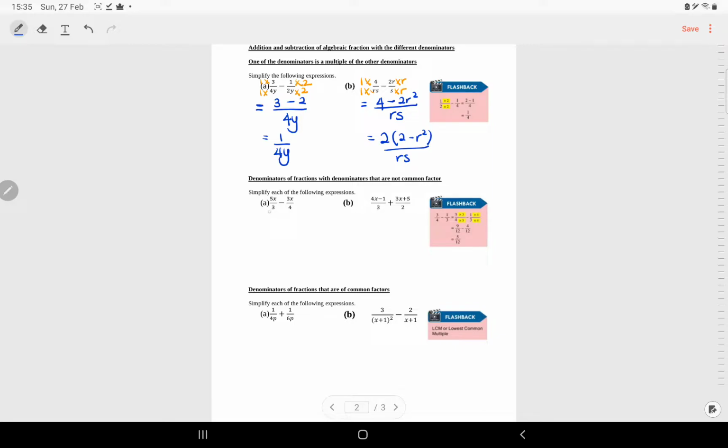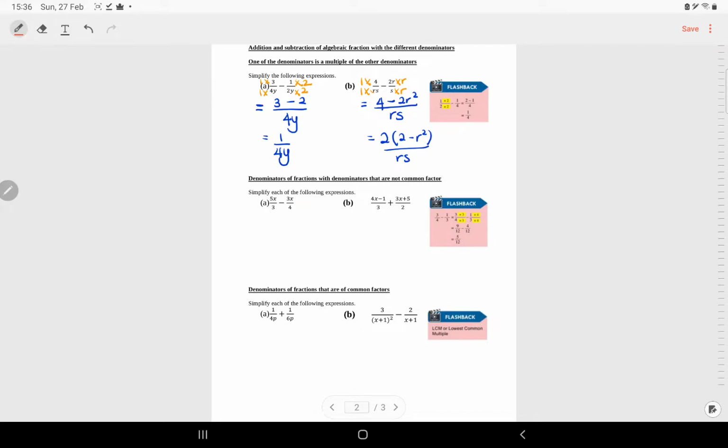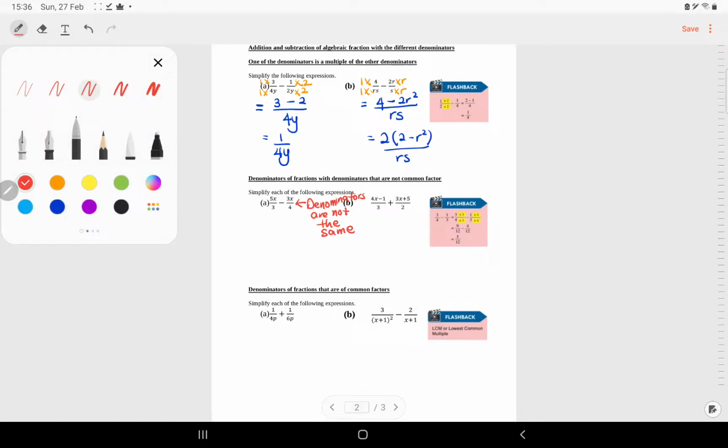As you can see, our denominators here are not the same. Before we can add or subtract, we want the denominators to be the same.